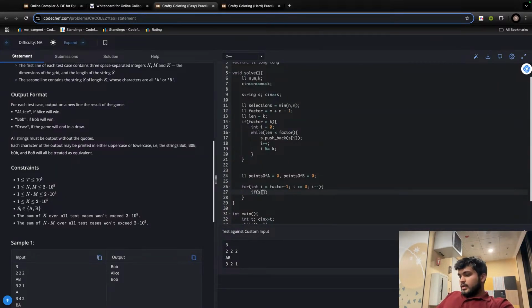If s of i is equal to a, then we'll do something, else we'll do something.